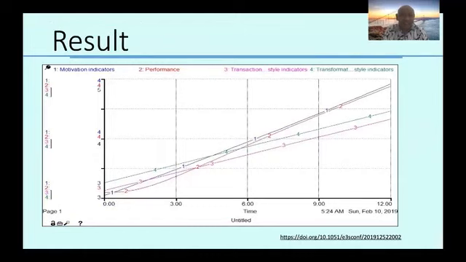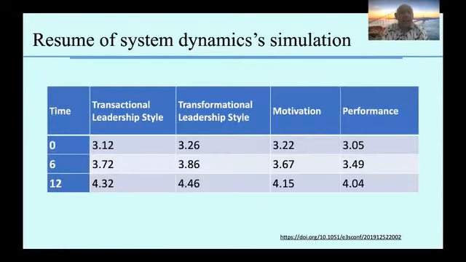The result of the simulation is about motivation, transformational leadership, transactional leadership, and performance, as in the graph on the slide. Then a resume of the system dynamics simulation: at the first time, time zero in the simulation, transactional leadership style, transformational leadership style, motivation, and performance begin from low level scores.